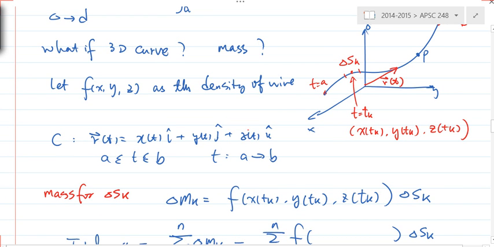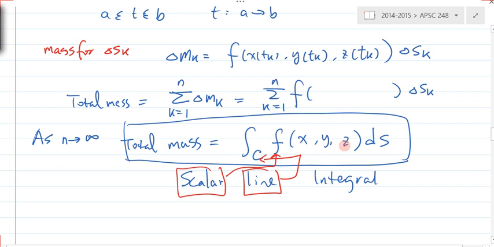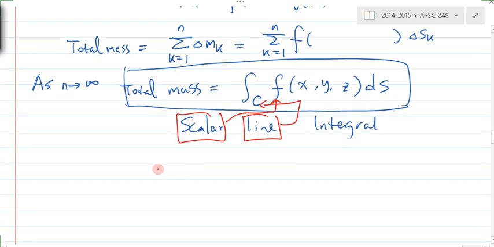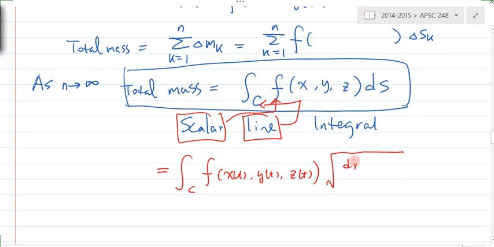So all you need to do is replace this x, y, z with x of t, y of t, and z of t. Now you have a new formula: integration along the curve C of f of x of t, y of t, and z of t, times ds, which is that formula we just derived. There we go. That's the line integral.